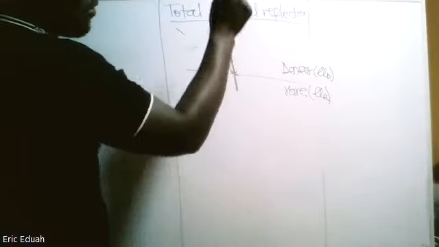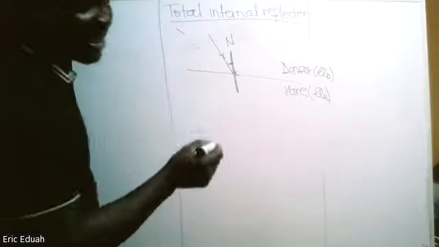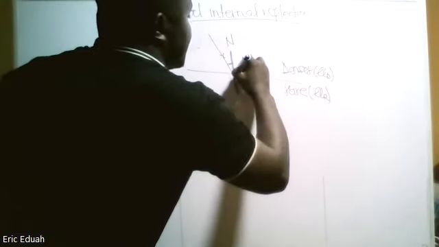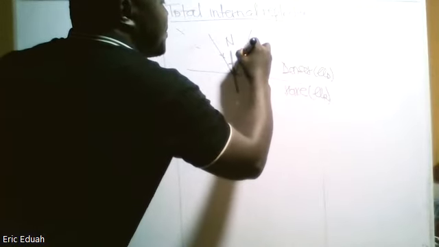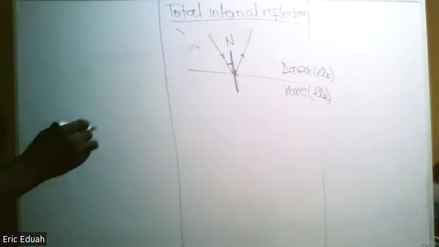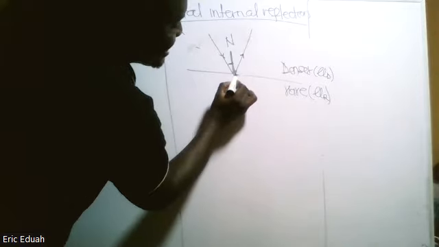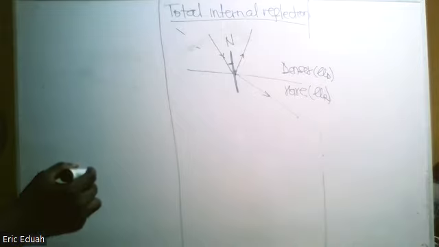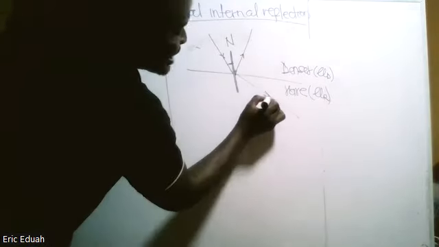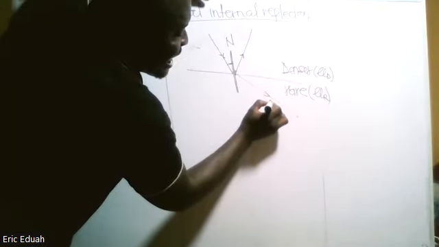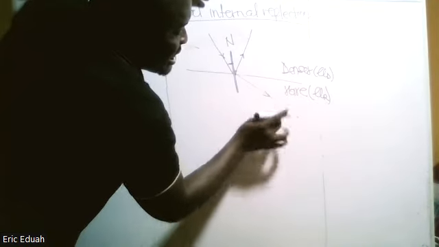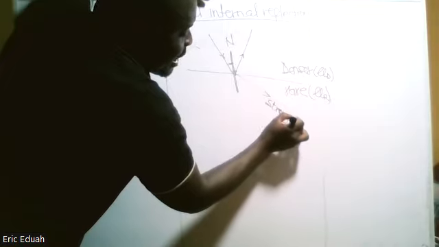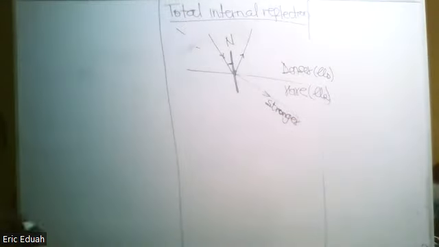Whenever light travels from one medium into another, part of the incident light will be reflected, so we'll have a reflected ray, and part of it will be a refracted ray. The observation is that the refracted ray will be brighter or stronger in intensity.